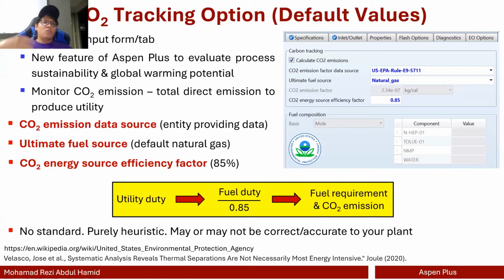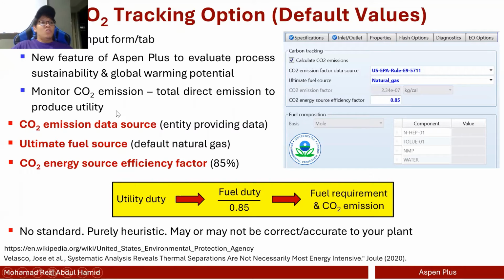So when you evaluate the CO2 emission, you can monitor the global warming potential for your plant, because as we all know, CO2 and other gases, there are 5 actually, the major greenhouse gases, which I will discuss later on, can trap heat and contribute to global warming.